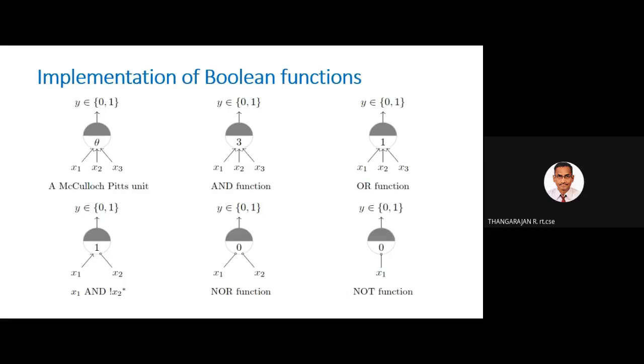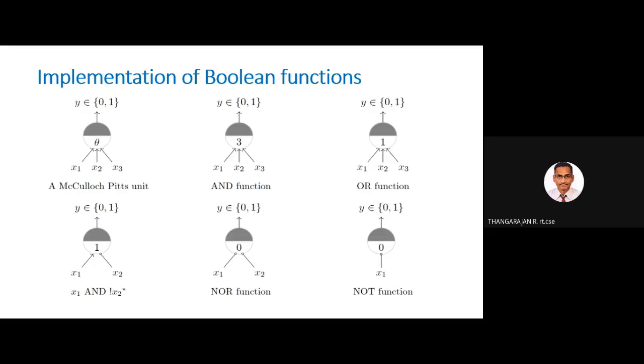Now, if x2 is 1, then output is 0, irrespective of what x1 is. Okay, but if x2 is 0, in that case, if x1 is 1, output is 1. Okay, output is 1. So you have to remember this. Okay, so it all depends upon what kind of input you apply to the McCulloch-Pitts neuron.